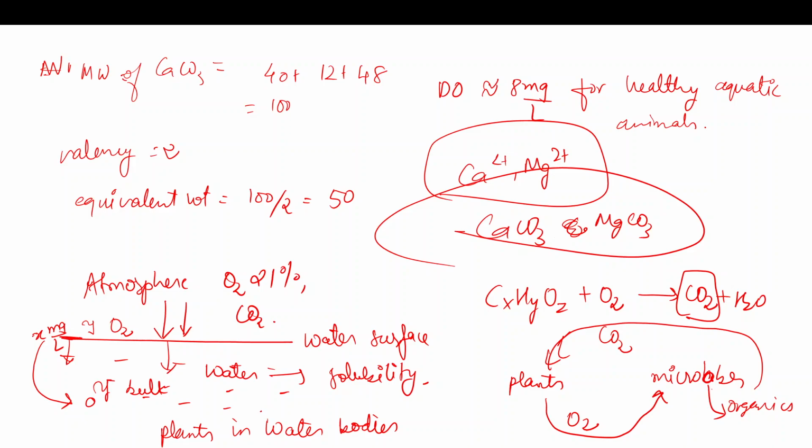In the next slides we will be talking more about what are biodegradable and non-biodegradable organics. But just let me tell you in brief that there are two types of organics. One is biodegradable, which are the ones which microbes can degrade.